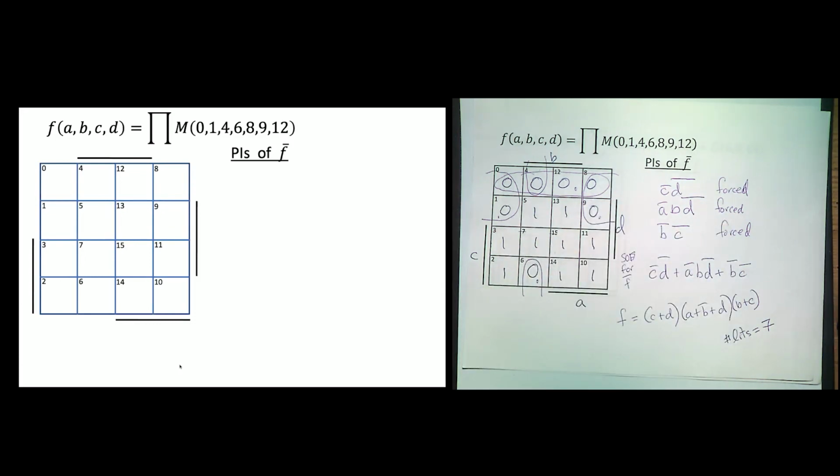Will we lose points if we're skipping steps of the process in problems where finding the SOP or POS form is not the focus of the problem? Probably fewer points. If there's a K-map problem and we specifically ask you to come up with a minimal sum of products, we need to follow the procedure.